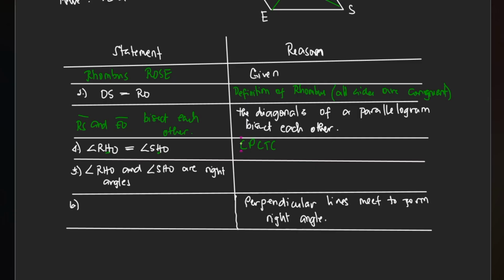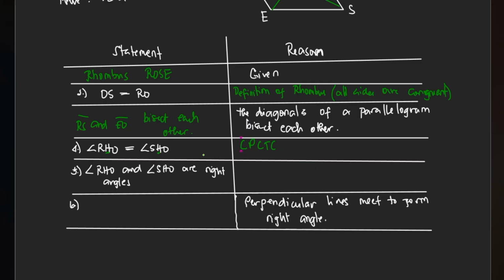Corresponding parts of congruent triangles are congruent. Kung ano yung part sa isang triangle na nandun din sa ibang triangle, then they are congruent. Okay? So, if you observe sa statement natin number 4, since we shared one angle, which is angle H natin, therefore, we can apply the CPCTC. Again, corresponding parts of congruent triangles are congruent.